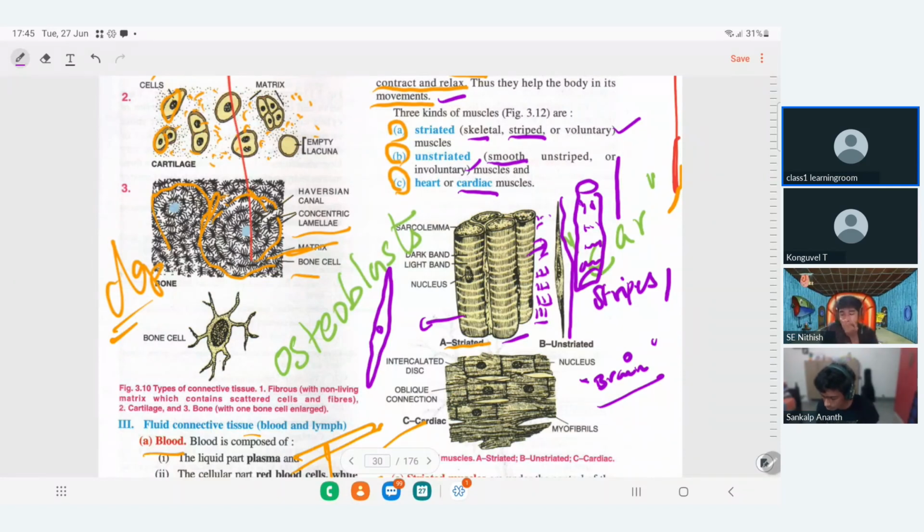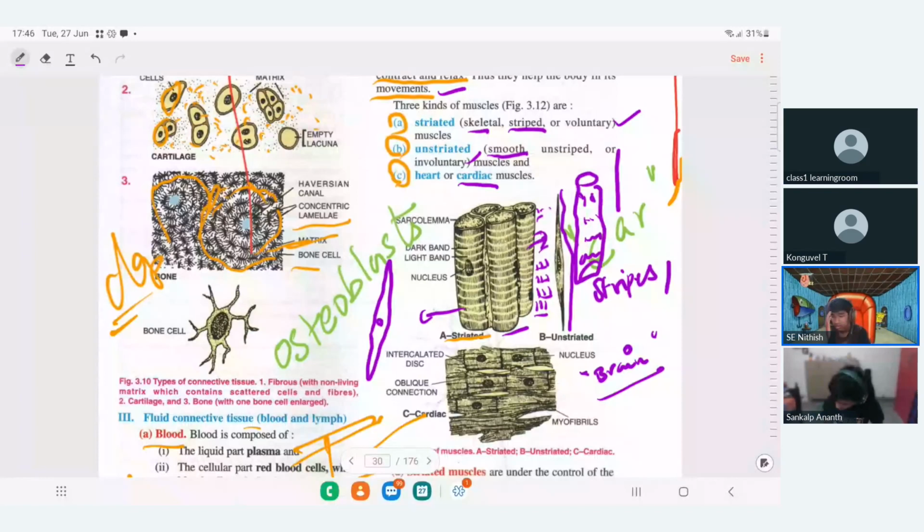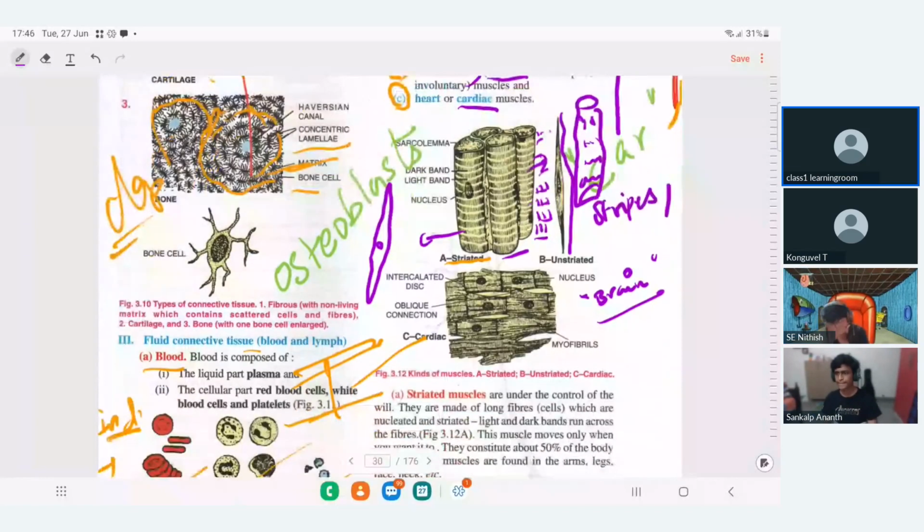Even though they're sharp, there's no intercellular space between them. They are interconnected and tightly packed actually.